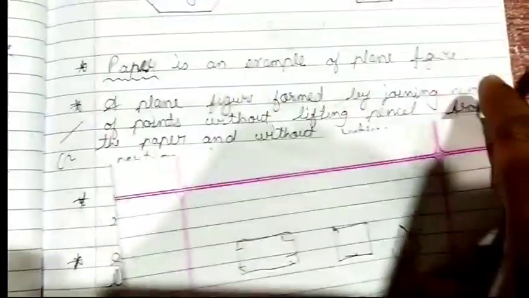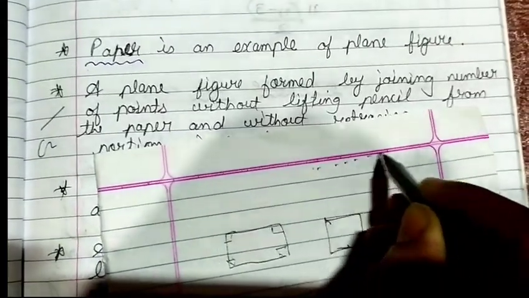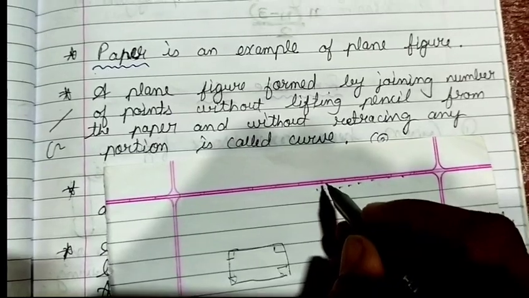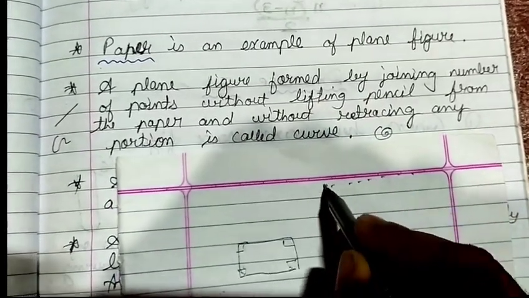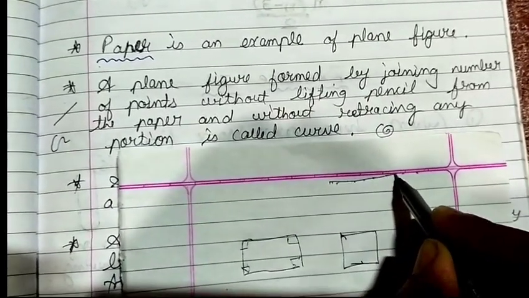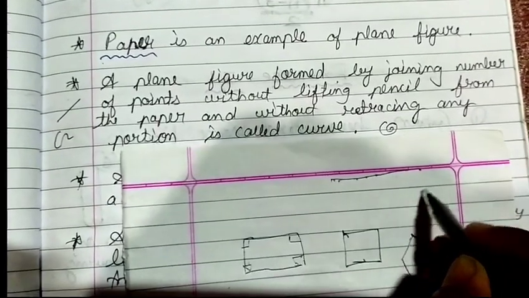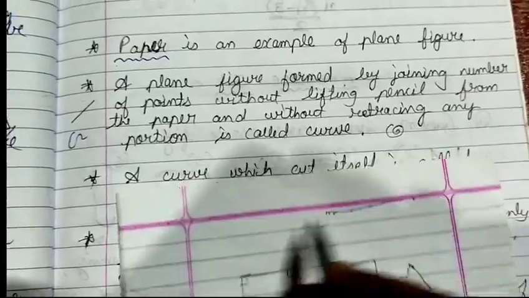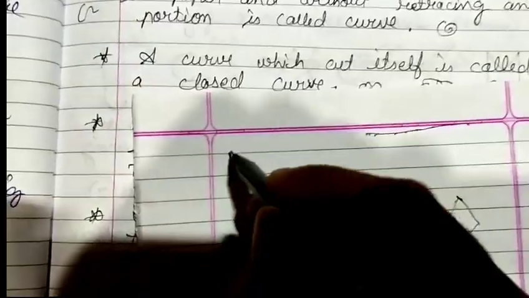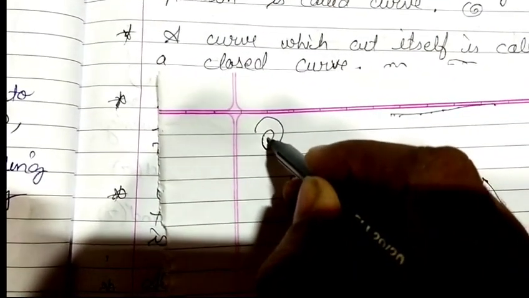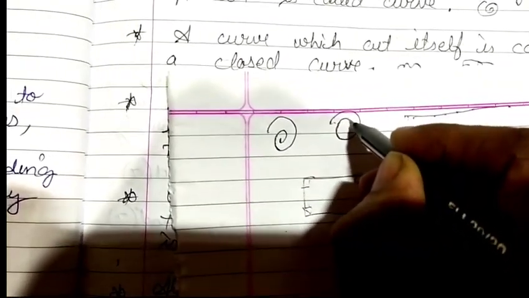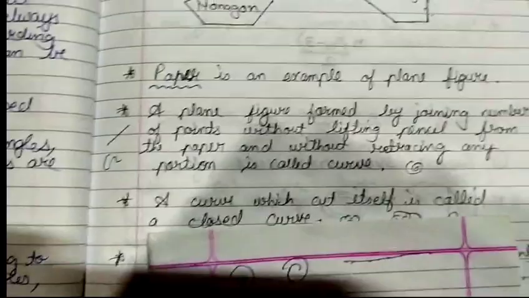Take for example, if the numbers of dots are there, and we form a plane figure without lifting the pencil and without retracing, not overlapping, then it is known as a curve. A curve can be like this also, an open curve. It is not retraced, it is not overlapping the line, so it is known as a curve.